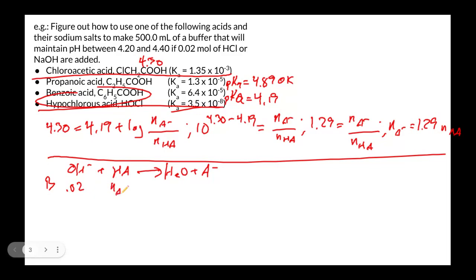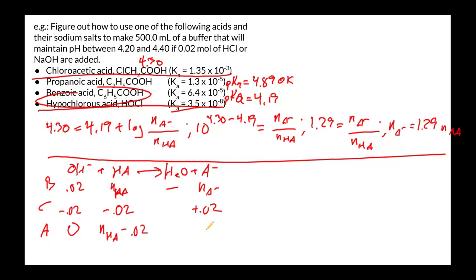This will be the number of moles of HA originally, and this is the number of moles of A minus originally. Change, we're going to buffer all 0.02 moles. Afterwards, this will be the starting moles of HA minus 0.02, and this will be the starting moles of A minus plus 0.02. So back to the Henderson-Hasselbalch equation.